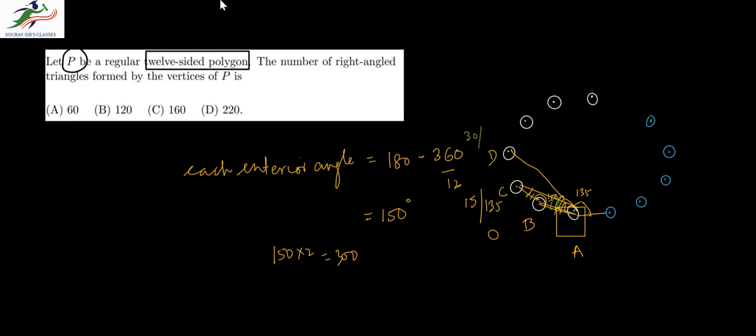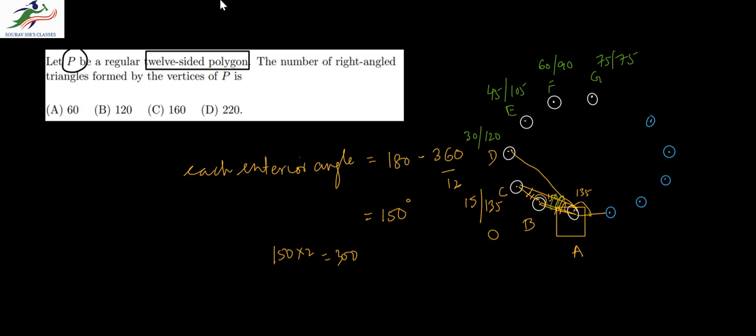So this would be 30 on one side and 150 minus 30, which is 120, on the other side. Similarly, with point E, it will make 45 on one side and 105 on the other side. With point F, it would be 60 on one side, 90 on the other side. And with the point G, it would be 75 on each side.